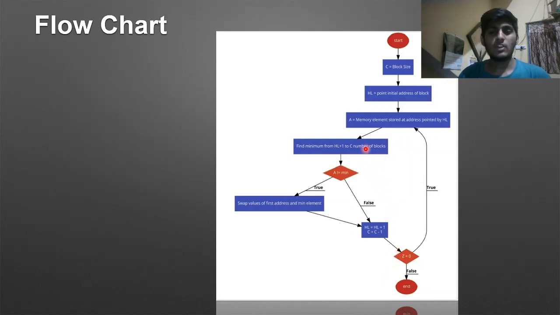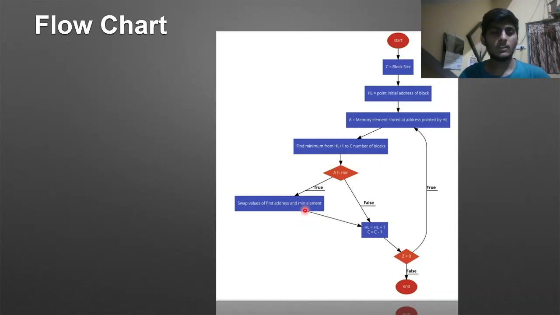The first operation is to find the minimum of the numbers from the memory address pointed by HL plus 1 register pair to C number of consecutive blocks. Now, if the value of accumulator A doesn't equal the minimum value found in the previous operation, then the value of the minimum element is swapped with the element in the first address.